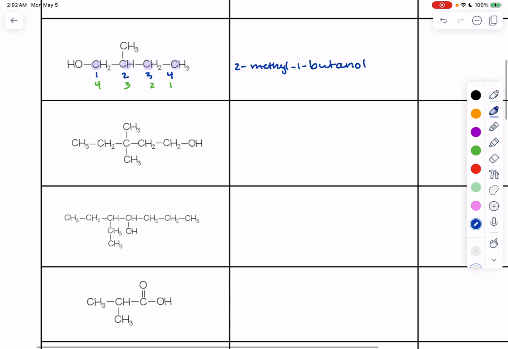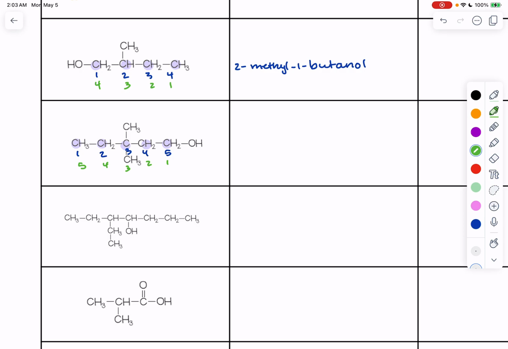Okay, I'm going to do one more of these, and then I'm going to let you guys work on that, and then I'm going to do a carboxylic acid also. All right, let's look at the next one here. The long chain is 1, 2, 3, 4, 5. But should we number it from this end or the other?